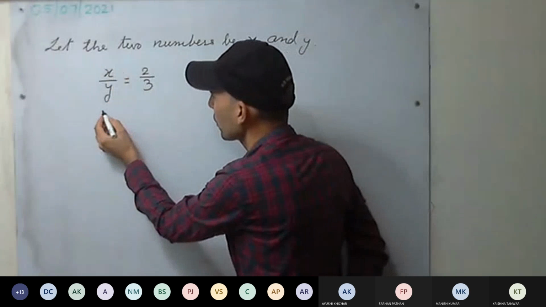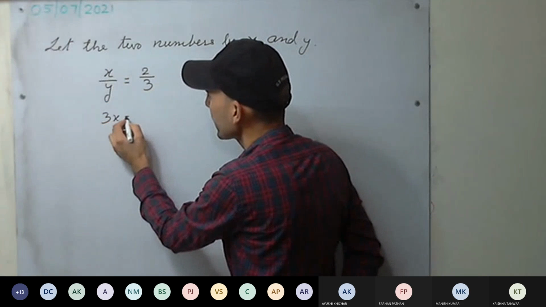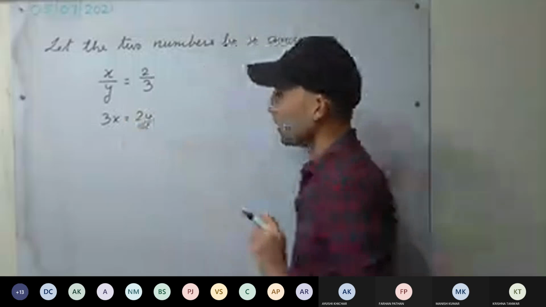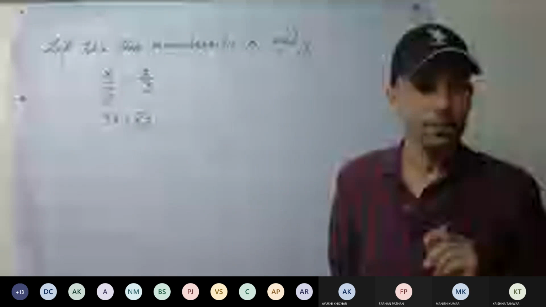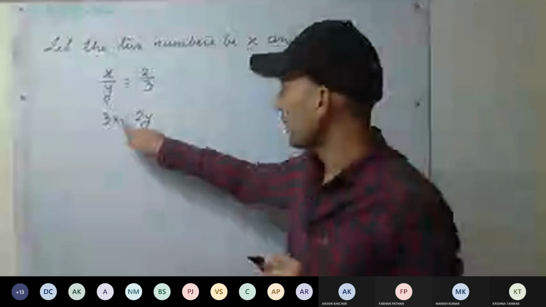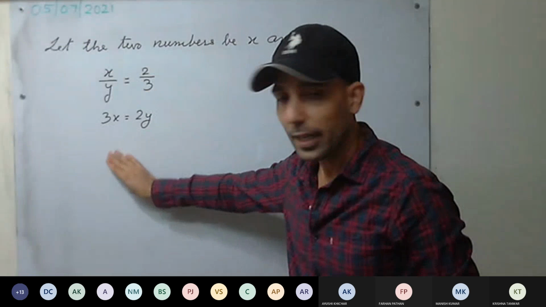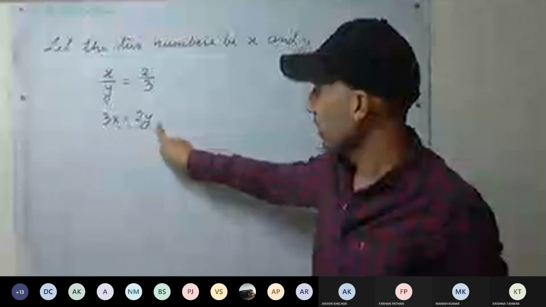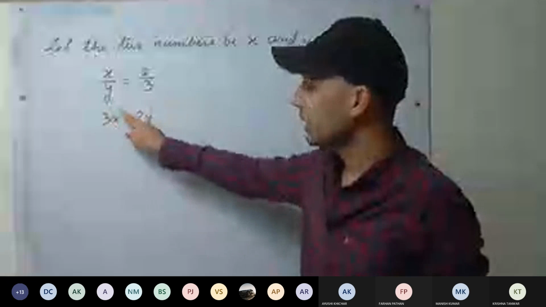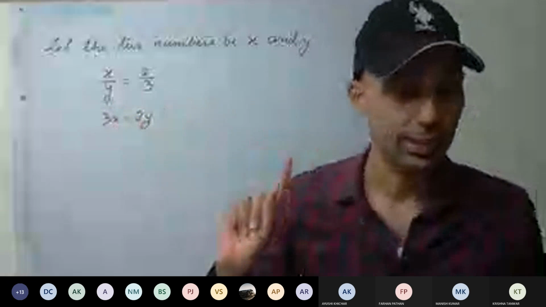So from this we can calculate 3x equal to 2y. From the very first equation, we have written 3x equal to 2y and we will leave it here. We will read the next statement, and accordingly we will make the other equation later.